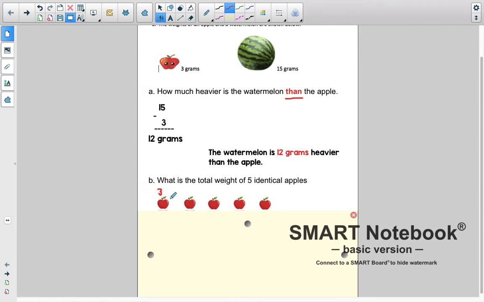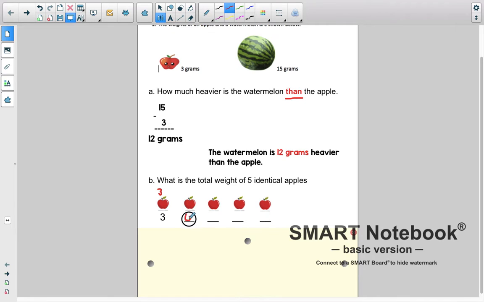So we could put 3 and 3 and 3 and 3 and 3 and add them, or we can skip count by 3s. 3, what comes after? 6, 9, 12, 15. So let's write that in. Let's try it again.